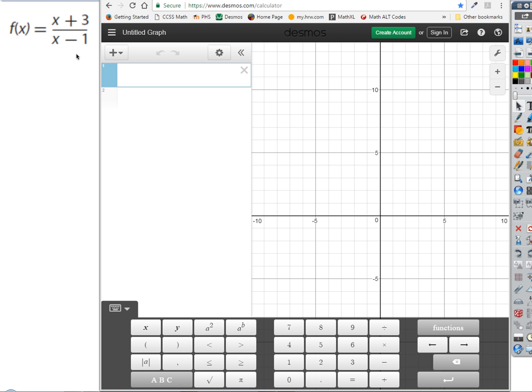x cannot equal 1. Okay, x cannot equal 1. What do you think is going to happen at x equals 1? The function is undefined there. Anybody want to take a guess at what the function might look like there? Yeah, when you divide by 0 like that, it doesn't work.